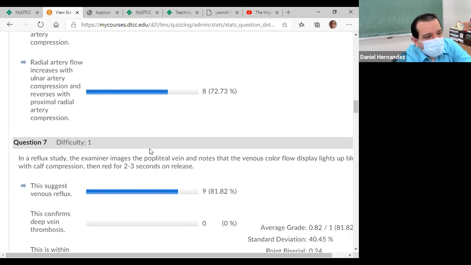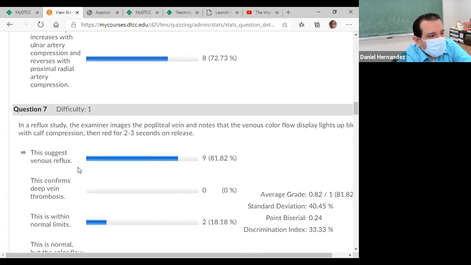We're imaging the popliteal vein and compressing the calf. So we'll see a normal augmentation with compression, and then with release, we see reflux, 2 to 3 seconds of reversal flow, that red color upon release. So this is just venous reflux.